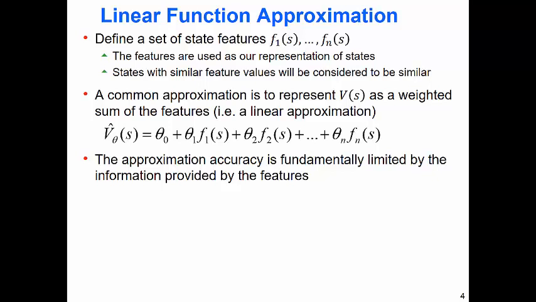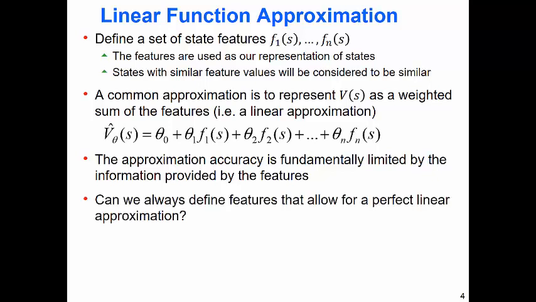Your accuracy is limited by the features, of course. If you have stupid features, you won't be able to model a function well. It's worth asking, since we're talking about linear predictors: is it always possible to define features that allow for a perfect linear prediction? We got some no's and some yeses.